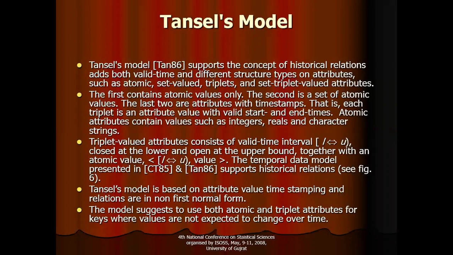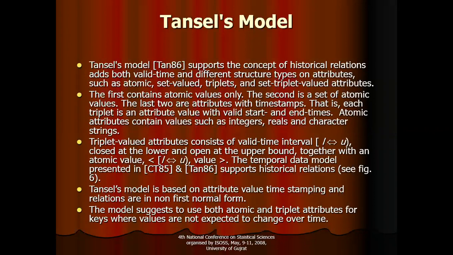Atomic attributes contain values such as integers, real values, and character strings. So we can have those atomic values. When I say an atomic attribute, it cannot be further divided, so it represents a single value. A triplet valued attribute consists of a valid time interval, which is closed at the lower and open at the upper bound, as you can see in this point.